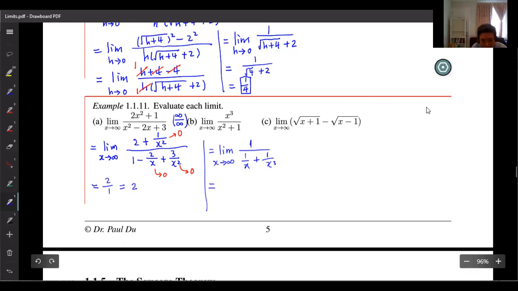Here we can see this one approaches 0, and this one approaches 0. Oh, by the way, it's positively approaching 0, not negatively, because this fraction is still positive, since x approaches positive infinity, not negative infinity. So this fraction is positive.